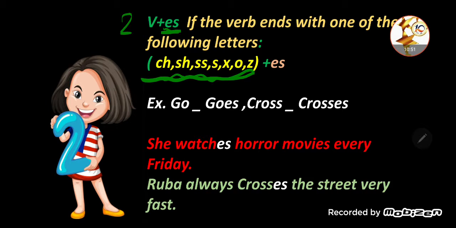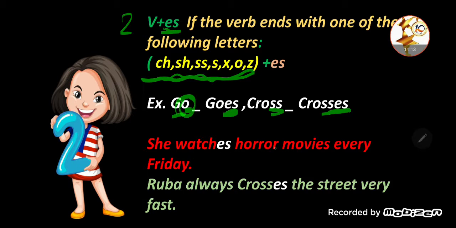Let's take examples. For example, we have the verb go. It ends with what? With o. So we add es, goes. Cross, double s, crosses. Did you notice? es. Let's look at this example. She watched horror movies every Friday.